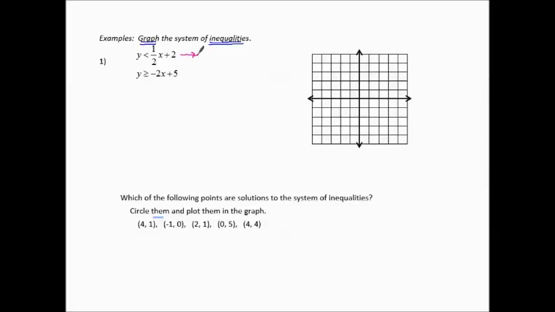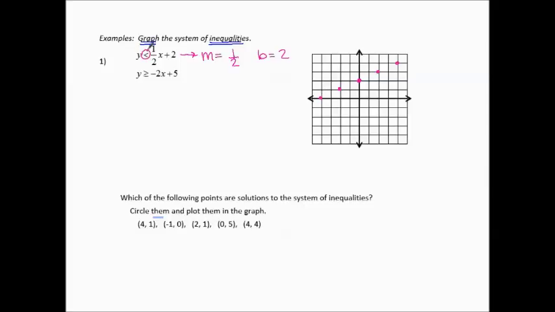If we remember just graphing our equations, we always had to look at our slope and our y-intercept. That doesn't change here. The slope of this line is 1/2 and the y-intercept is 2. So I'm going to start at 2 and go my slope 1/2, and I'm going to continue in the other direction as I did for my systems of equations. And now it's not an equation.